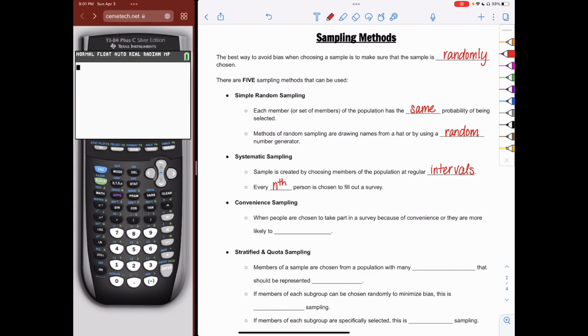Convenience sampling is when people are chosen to take part in a survey because of convenience, or because they are more likely to respond to the survey. So basically, whichever is easiest to get, you're trying to get the data easily.